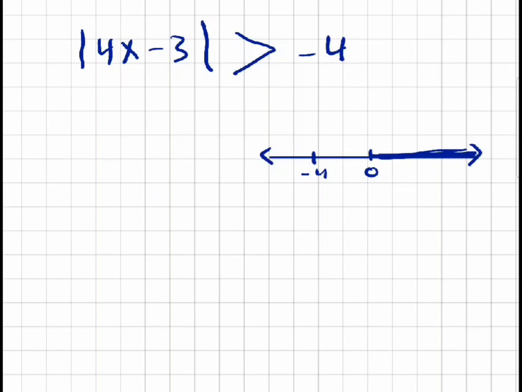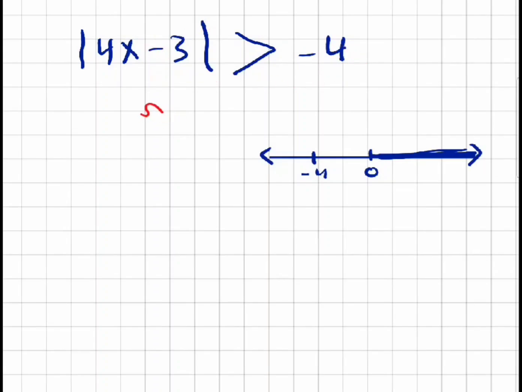Now, let's say we get a positive number like 8. Is 8 greater than -4? 8 is also to the right of -4, so yes. So any positive number that we select will be greater than -4.